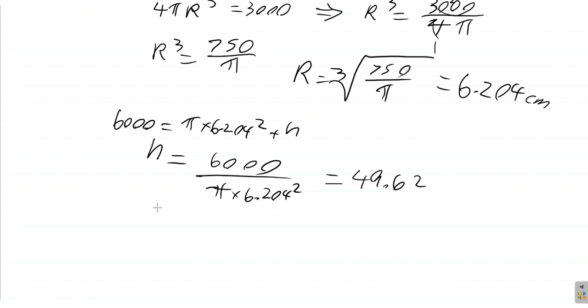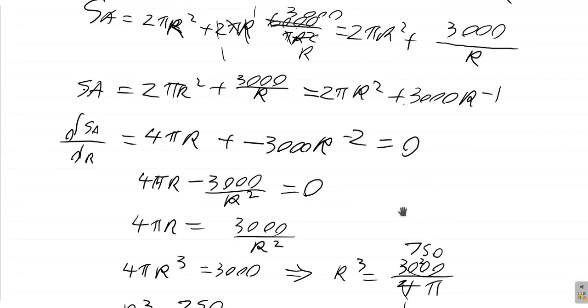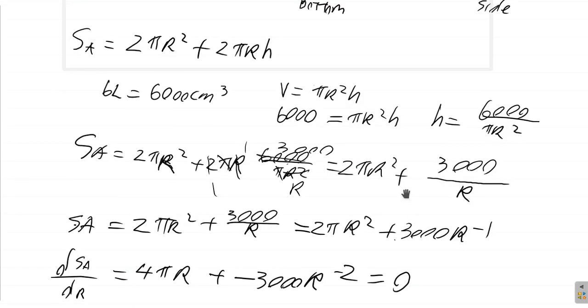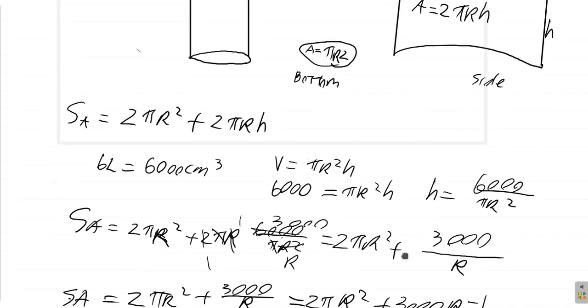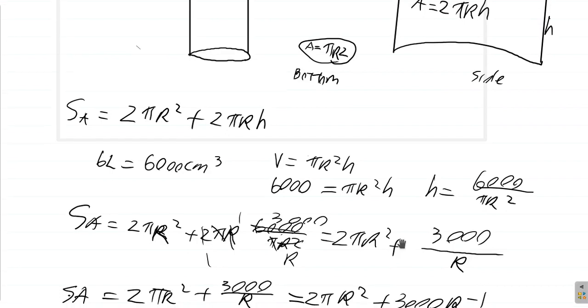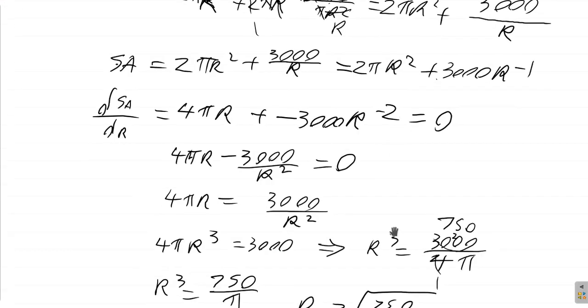49.62. All right. So what is the total surface area that we would get now? The surface area would be 2 pi r squared plus 2 pi r h.